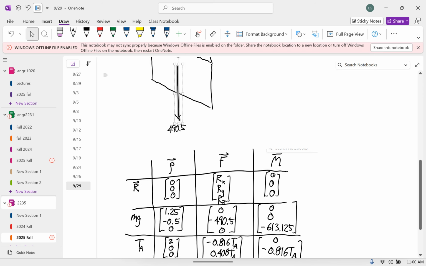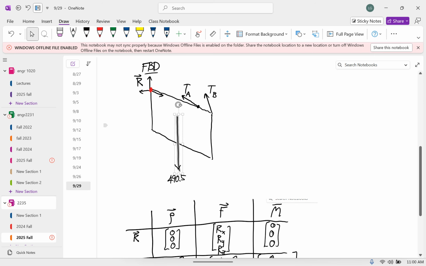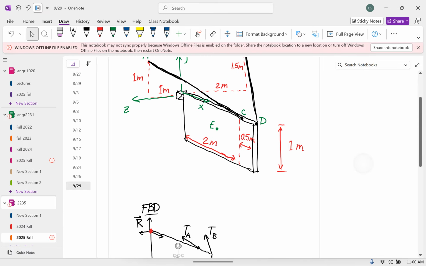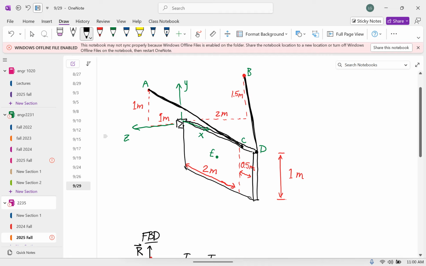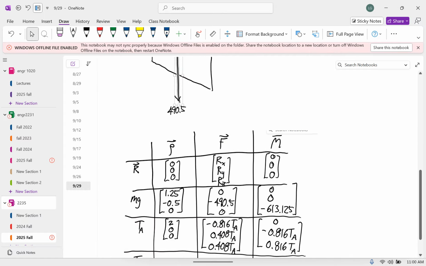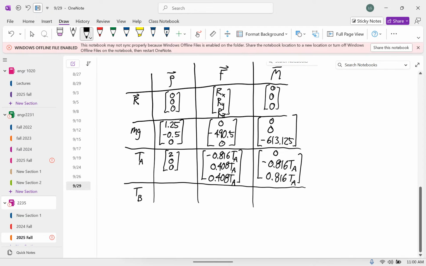The row vector for TB from the about point to that point D, where that force is applied, is 2.5 meters in the positive x direction, and then nothing else. So 2.5, 0, 0.